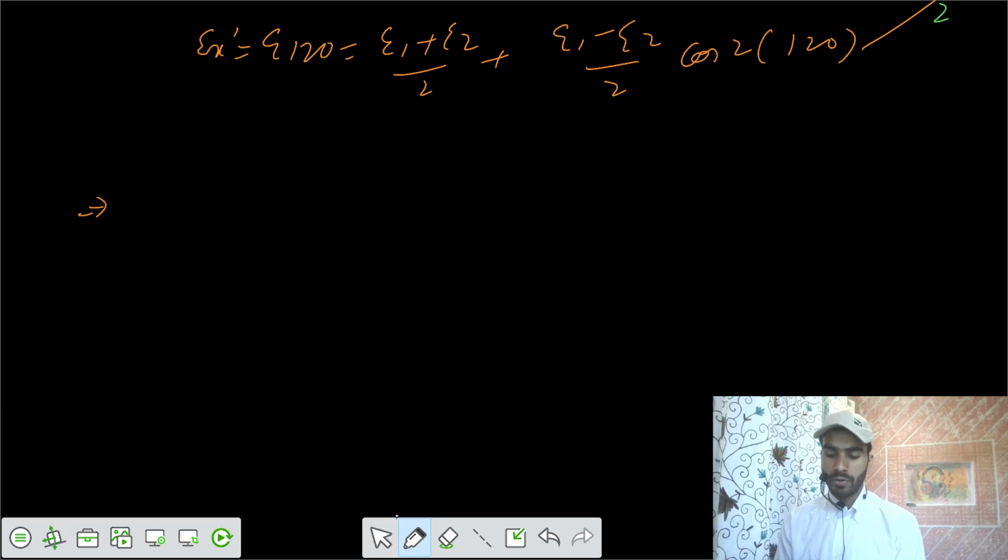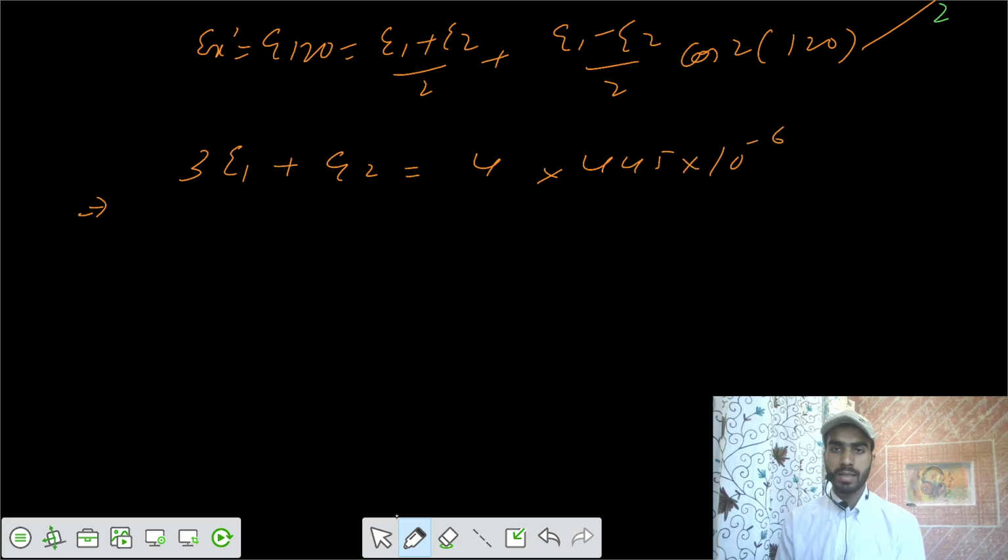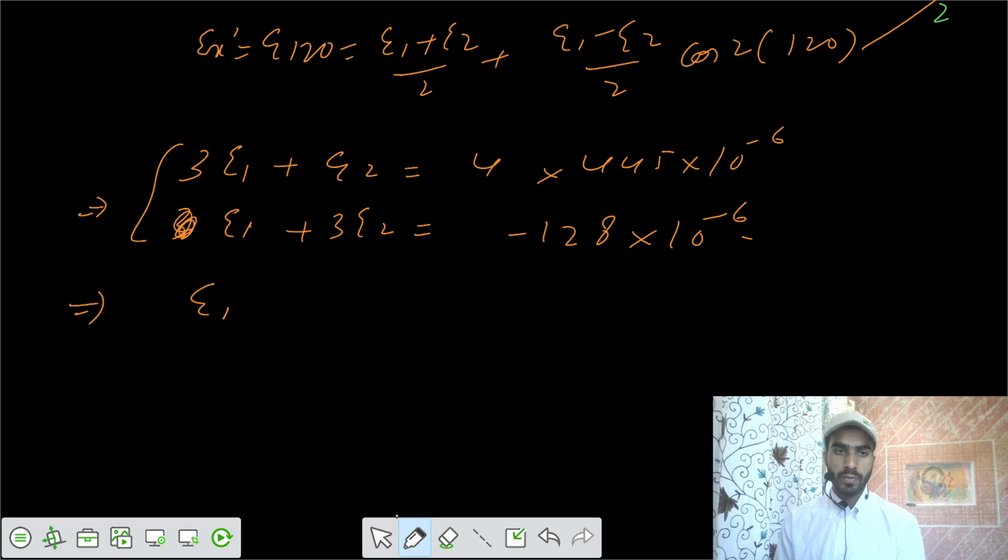Accordingly, you can write the simplified equation as 3 times E1 plus E2 equals 4 times 445 into 10 to the power minus 6. And the second equation you can write as E1 plus 3 times E2 equals minus 128 into 10 to the power minus 6. You solve the two equations, and you can get the value of E1 and the value of E2.